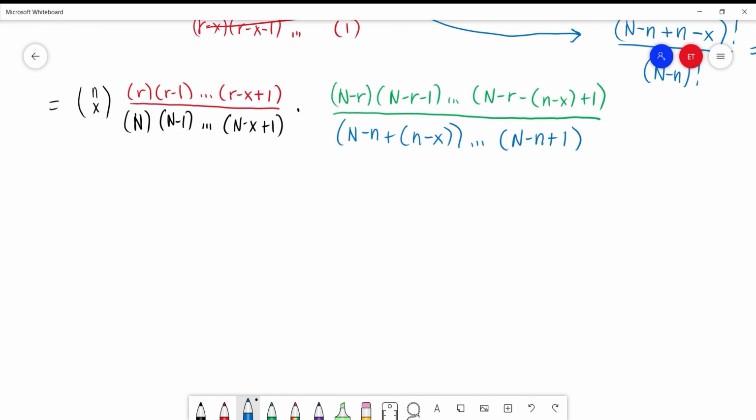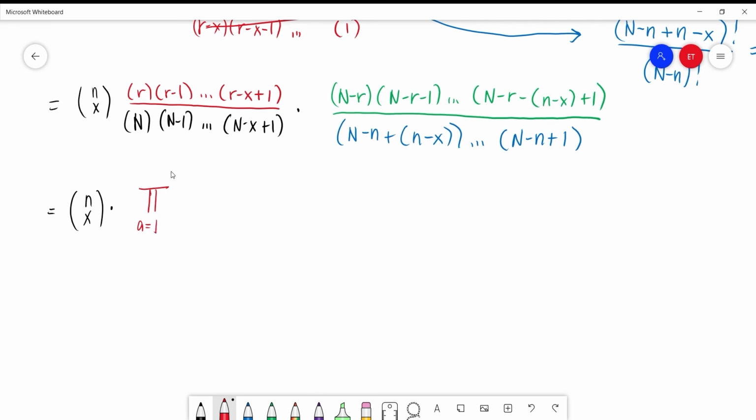Now what we're gonna do here is that we can actually rewrite this and this to product form. So let's first rewrite the whole thing. N choose x times, so for the numerator, let's write big pi. Then here, let's write any integer a is equal to that number we will start with, which is equal to 1.